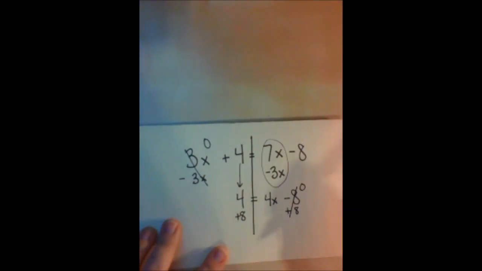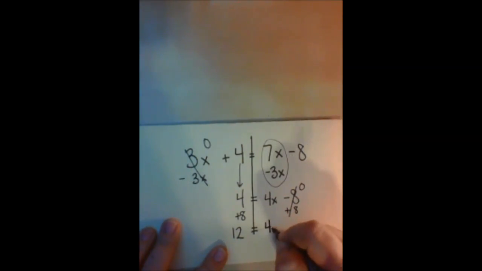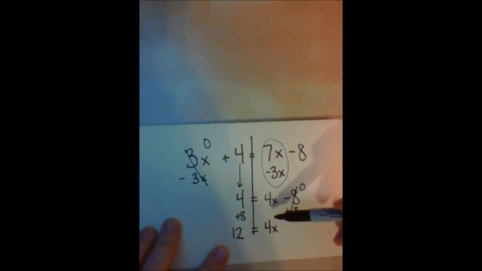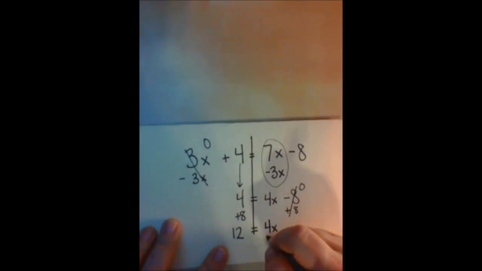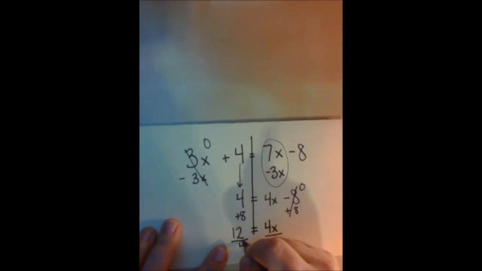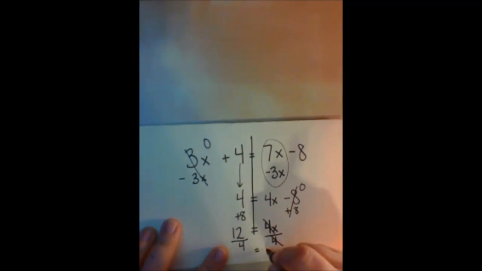Those make 0. 4 and 8 make 12. 4x on the right. Okay, one last step. 4 times x. The opposite of times 4 is divide by 4. Those cancel out. x, 12 over 4 is 3.